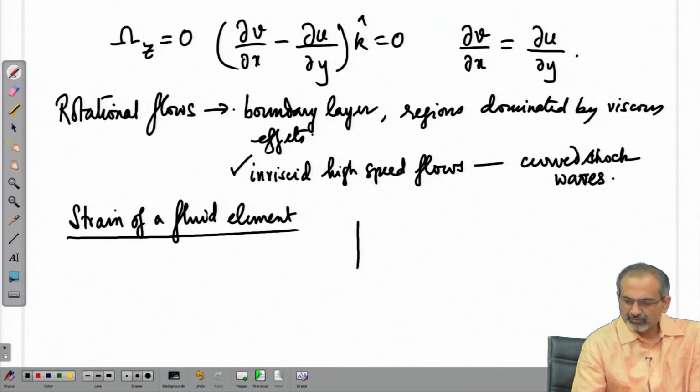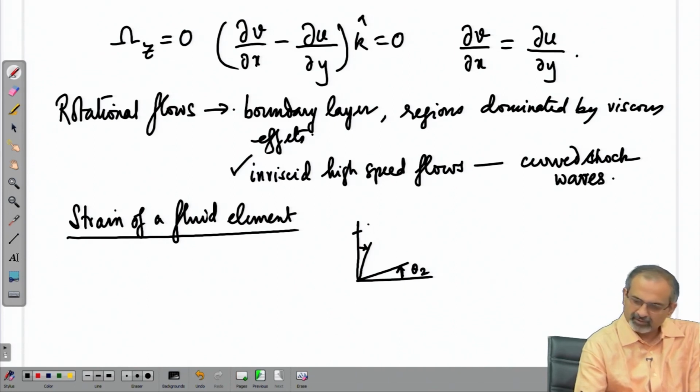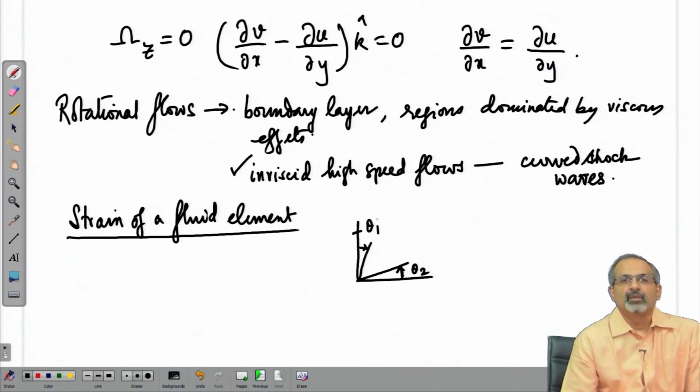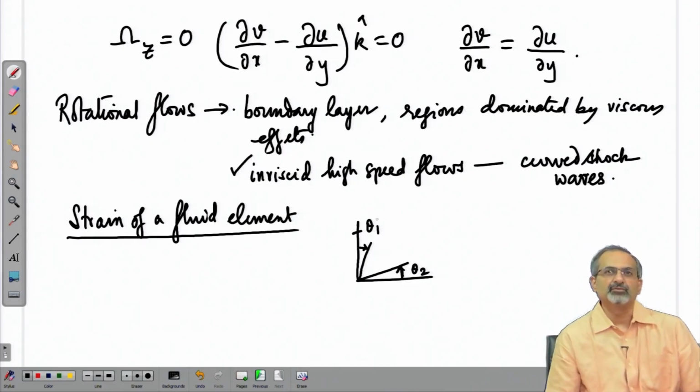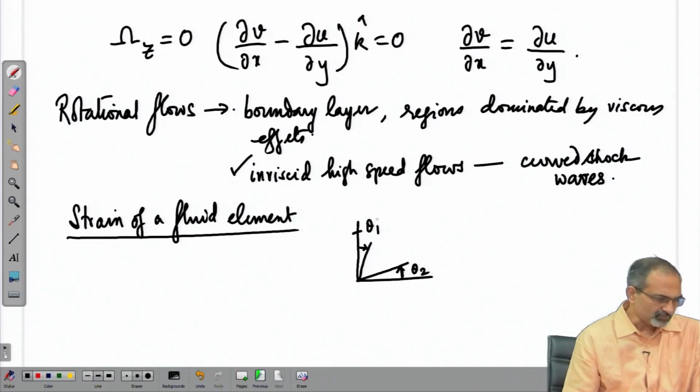So, we go back to that fluid element and we look at those angles which were formed after it underwent some deformation due to the presence of non-zero angular velocity.